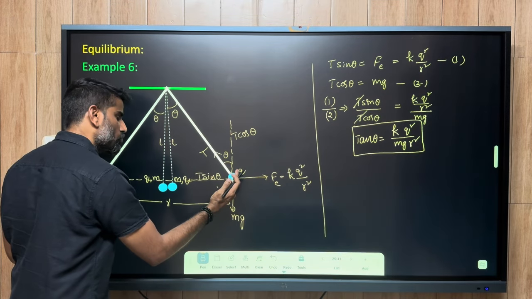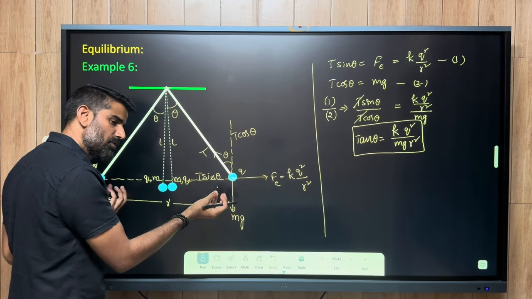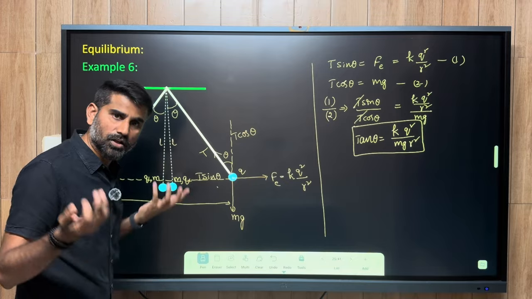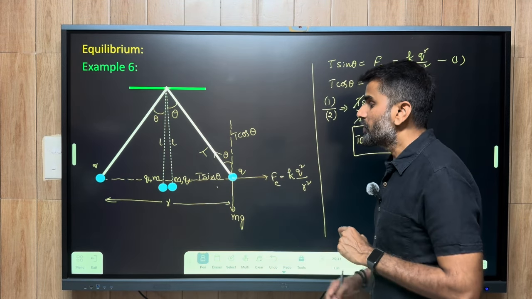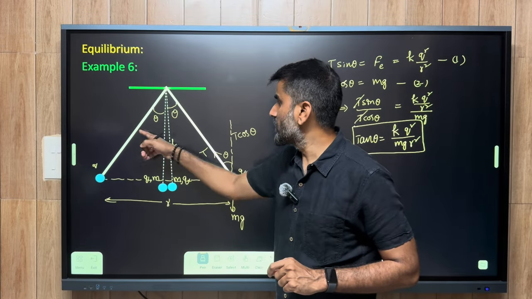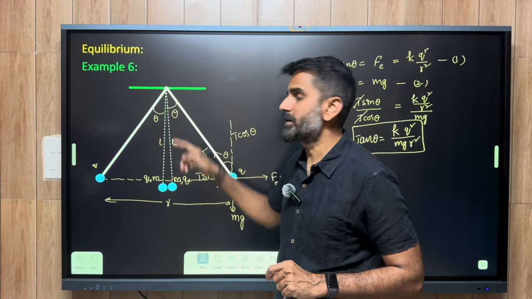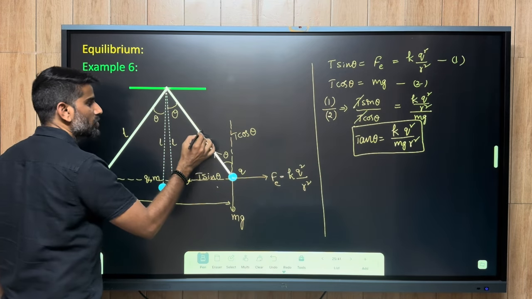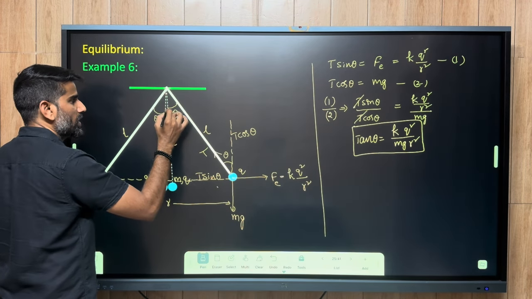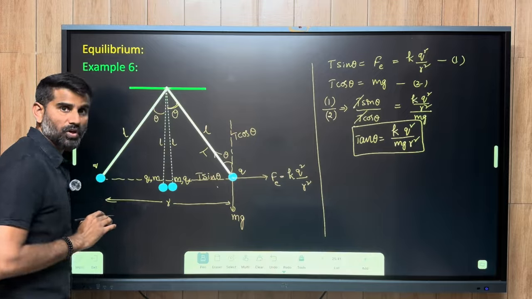As the final separation between the two spheres, R, is not given, we can find the R value in terms of given quantities like L and theta. If this length is L, then this length also must be equal to L, making angles theta and theta.